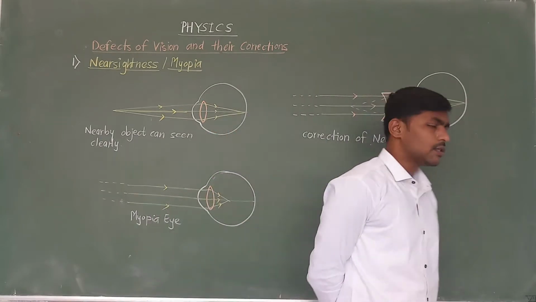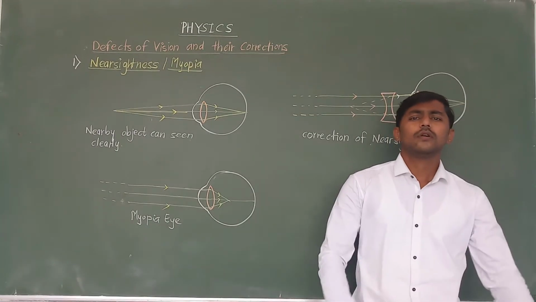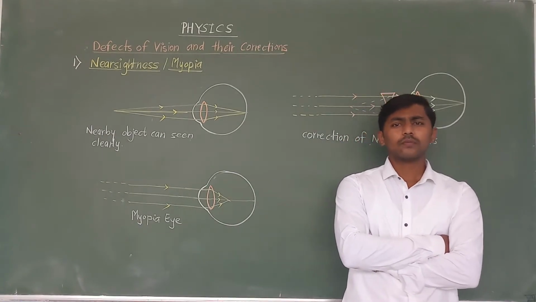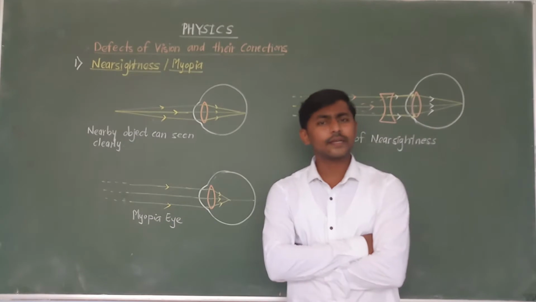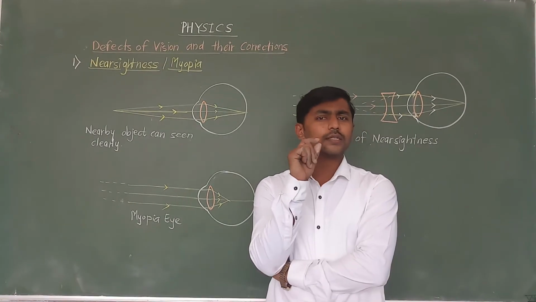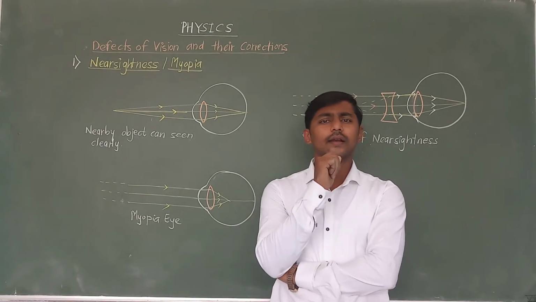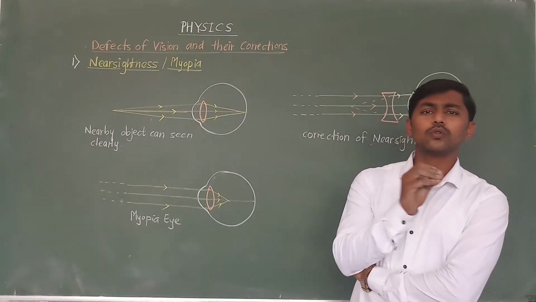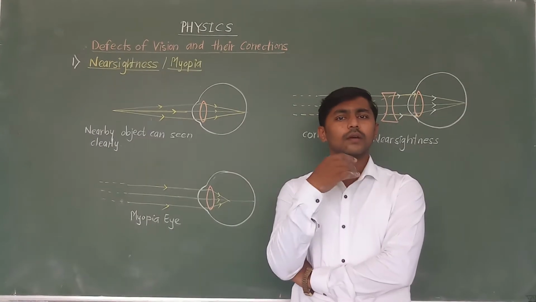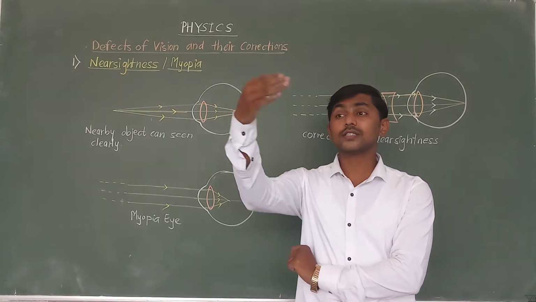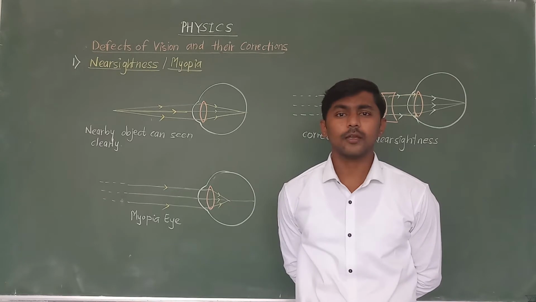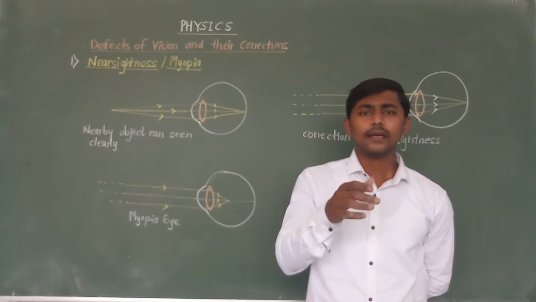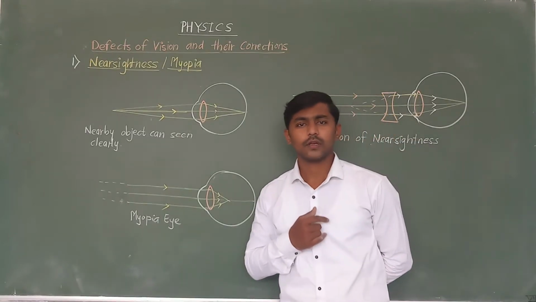So first we are going to see nearsightedness. Students, most of you are using spectacles. Why? Because if the teacher is teaching on a board, most of the students cannot see clearly whatever words are written on the board. Means most of the students cannot see far objects clearly, but that student can see nearer objects clearly.